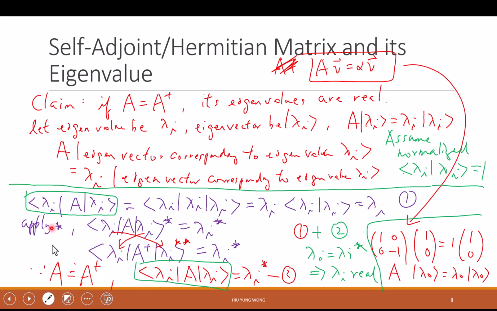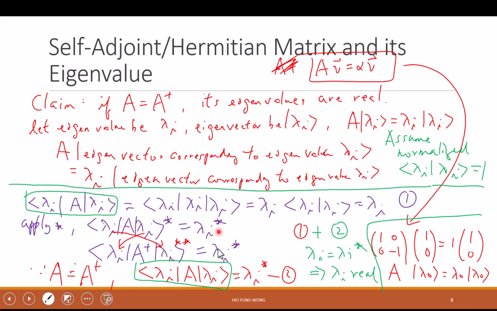Now, then I apply the star to this expression. I'm allowed to do that, right? I'm not saying it's equal to whatever. If I apply the complex conjugate to this, I need to apply the complex conjugate to lambda I also, right? Just two sides, because this equals this, then the complex conjugate of this must be equal to the complex conjugate of this.